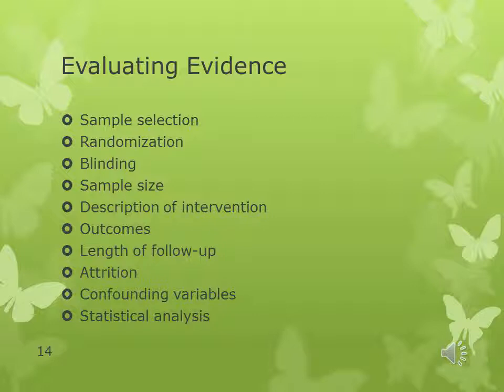Was it appropriate? Did they use the right test? You're going to have to go back to your research textbooks and take a look at it. If they used the wrong statistical analysis method, or if they measured it incorrectly, then it makes the outcomes or the findings from the study essentially meaningless.